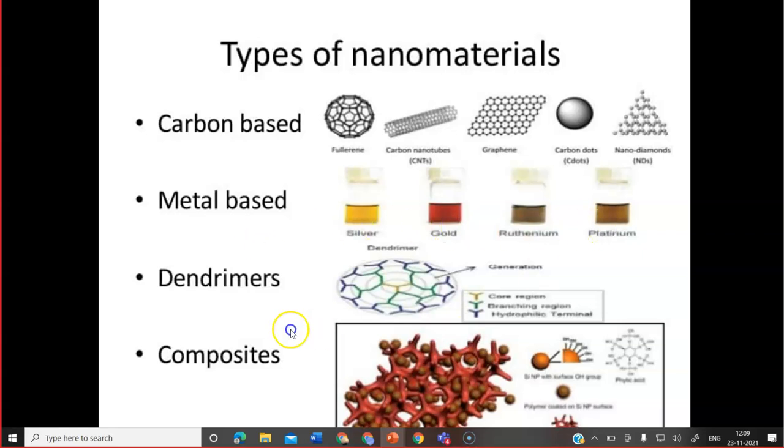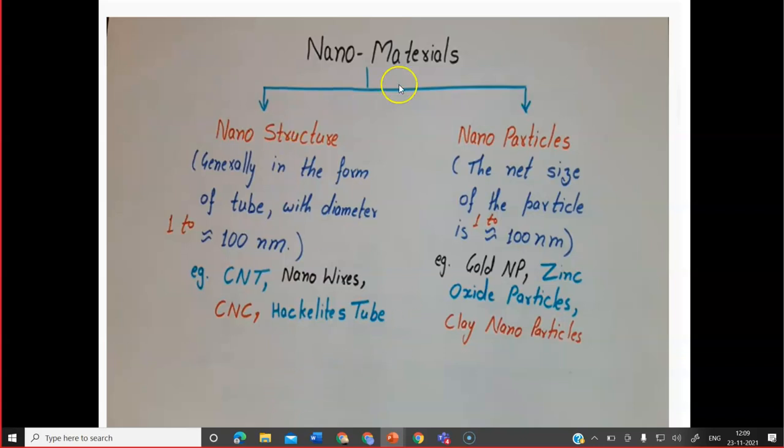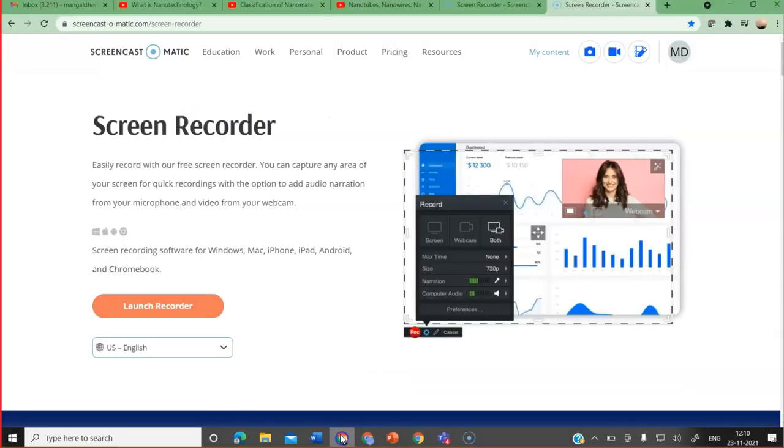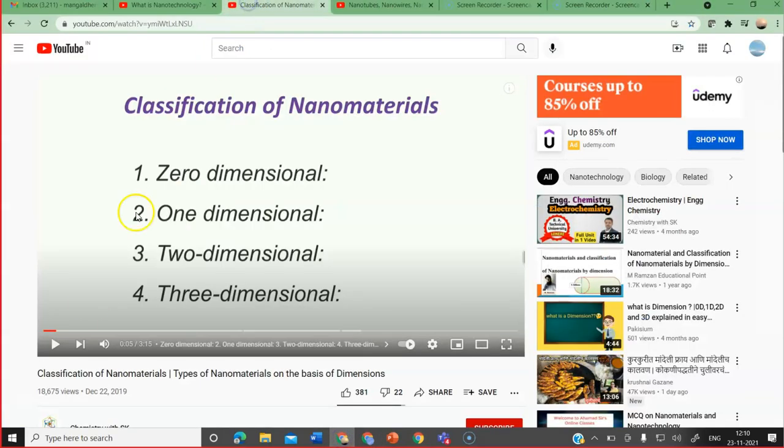Metal-based are not there. Dendrimers and composites. So here nanomaterials you can classify as nanostructure also and nanoparticles also. So nanostructures means CNT and nanoparticles means just a particle. So let us see this classification video so that you can understand in more detail.